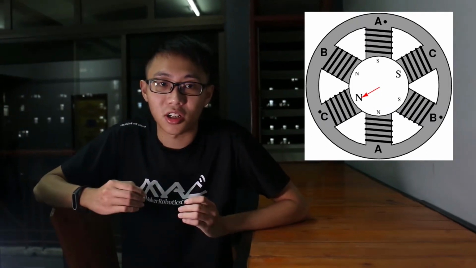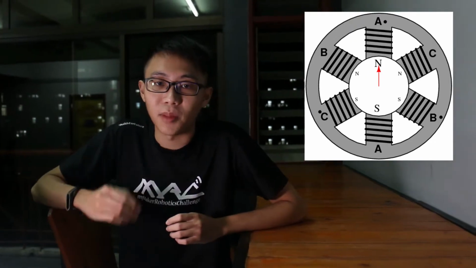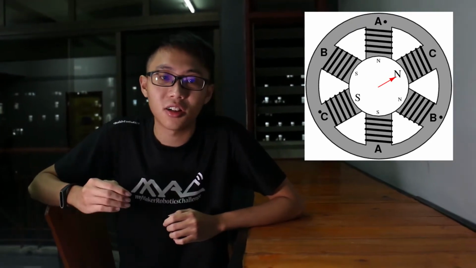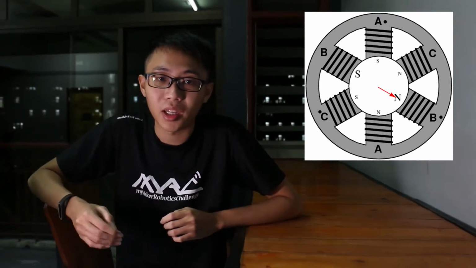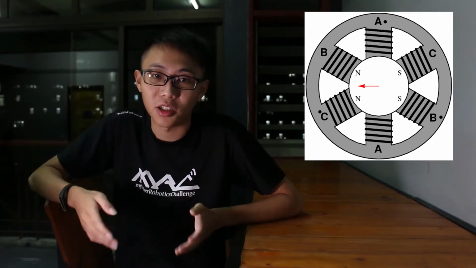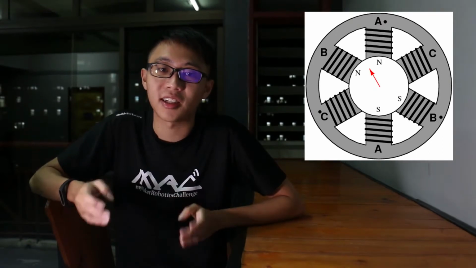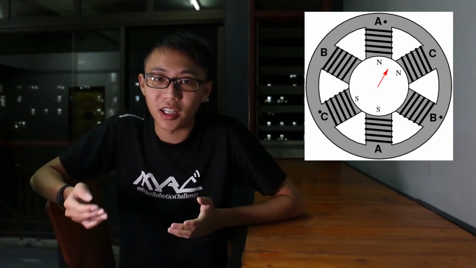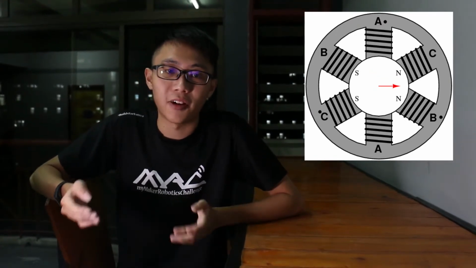The rotor, which is a conductor, would become passively magnetized due to the rotating magnetic field. But the speed of rotation of the rotor will lag behind the speed of the magnetic field rotation in the stator.